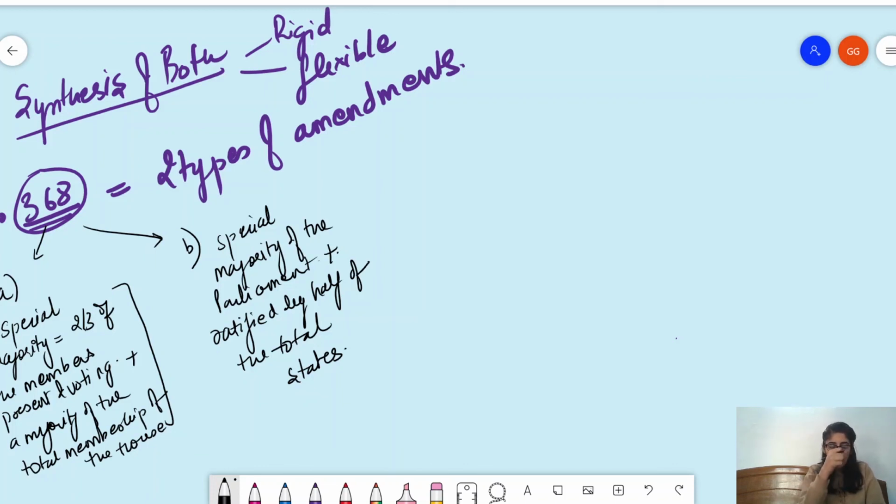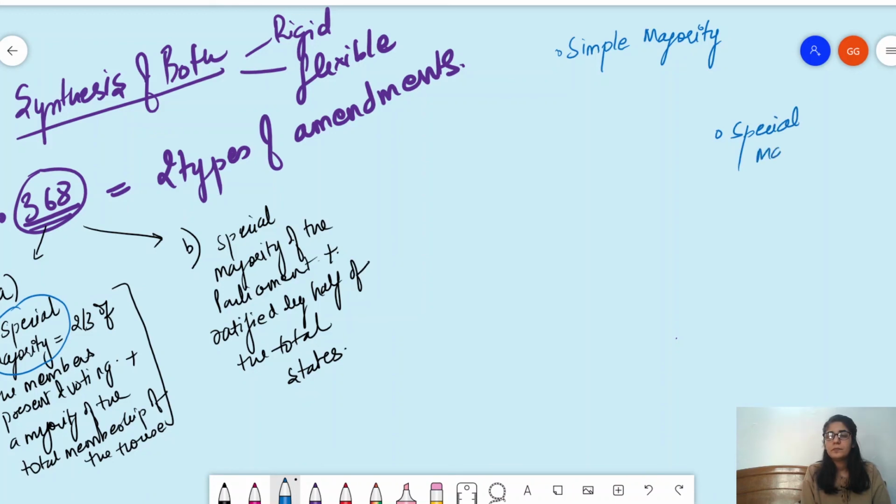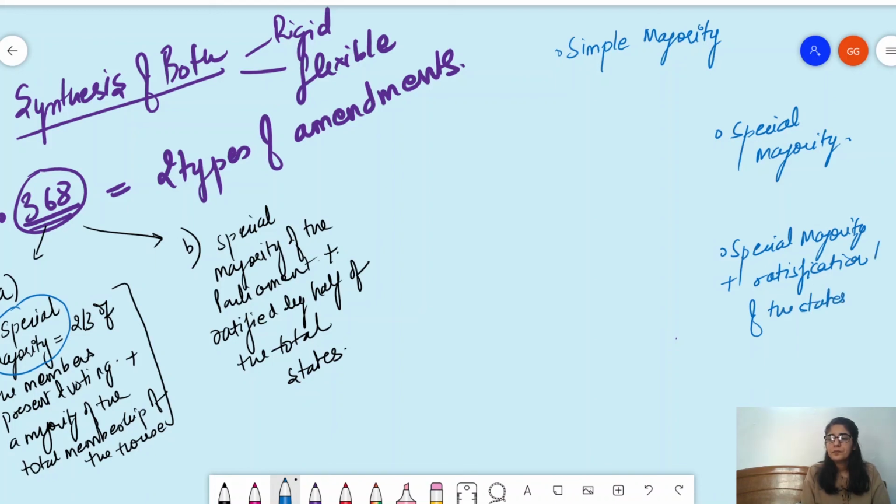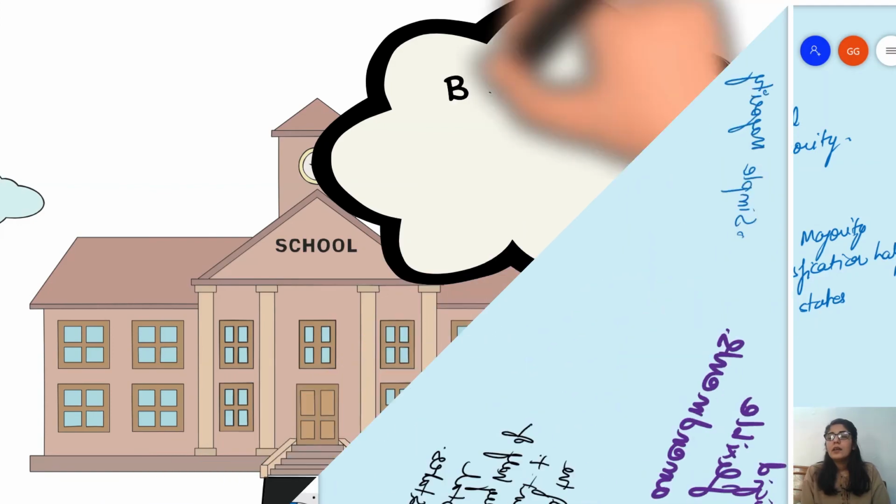Now let me change the color to explain this in a better way. What is a special majority? There's a simple majority. There is a special majority. There is a special majority plus ratification by half of the states.